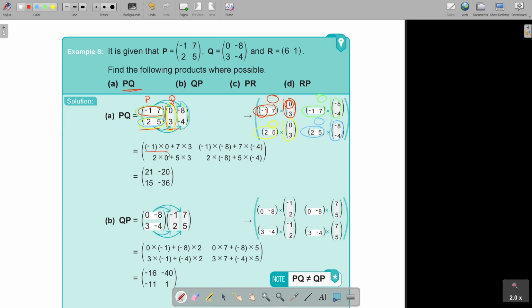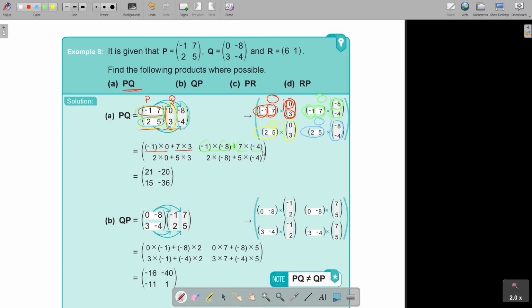That's what I did. And then I take the second one in the row with the second one in the column. 7 times 3. Okay. And I keep on doing that. So the first one with the first one. So -1 times -8. Plus, very important. Plus is in between. And then the second one times the second one.